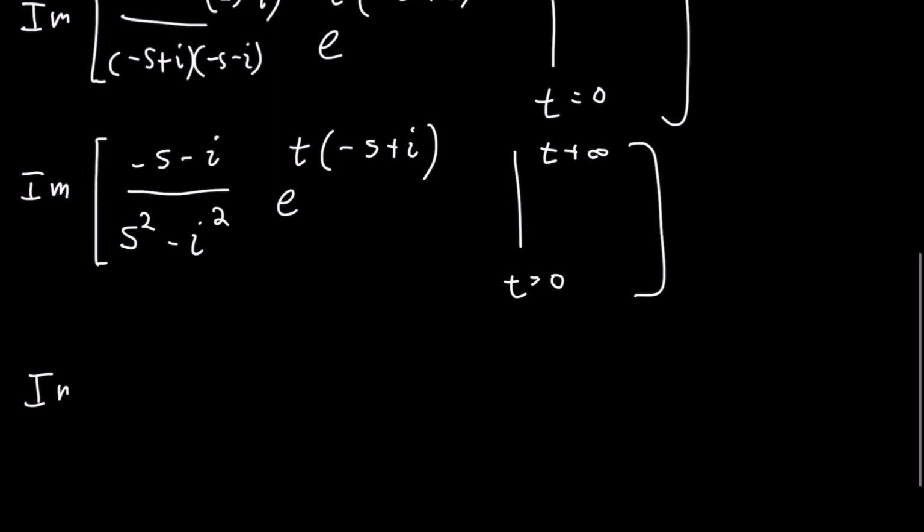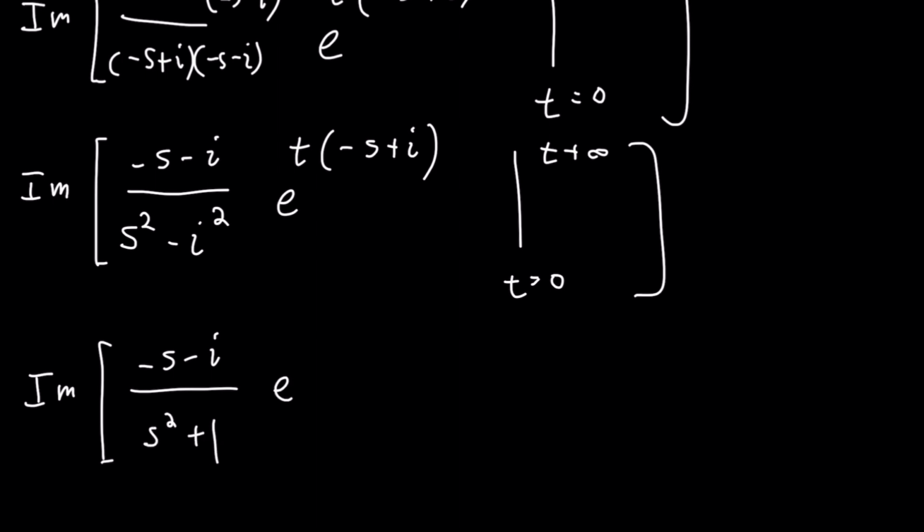We have the imaginary part of negative s minus i, over s squared plus 1, times e to the t power times negative s plus i, where t equals 0 to t approaches infinity.